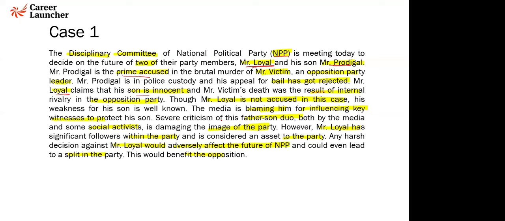The media and the opposition are baying for him because he has a weakness for his son, and it is said that he is influencing key witnesses to protect his son. So this is damaging the image of the party, the National Political Party, NPP.